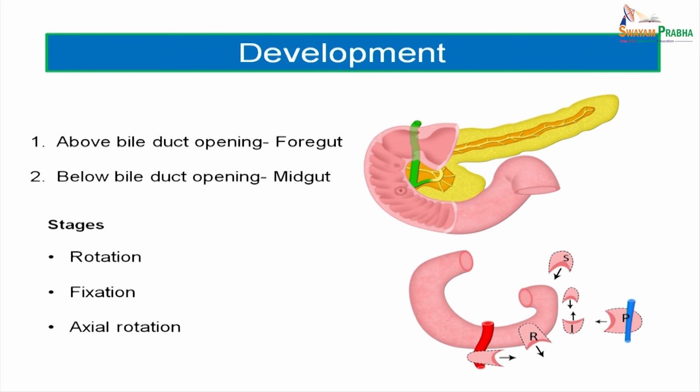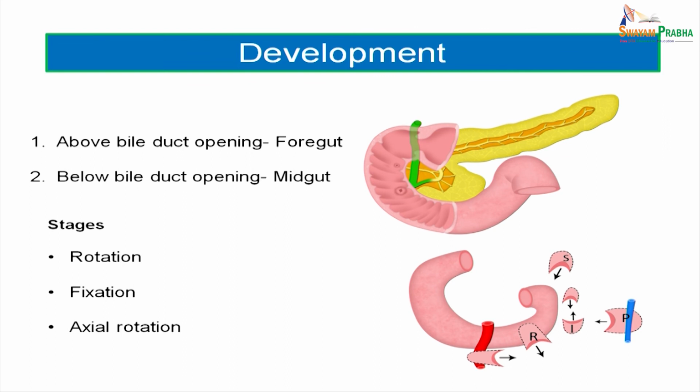As the duodenum is being developed, the pancreas is also being developed as a dorsal bud and a ventral bud. These two have to join to form one single mass. This is formed by the axial rotation of the duodenum, and during this stage it undergoes obliteration and then recanalization. If any of the stages are incomplete, they can lead to congenital anomalies.